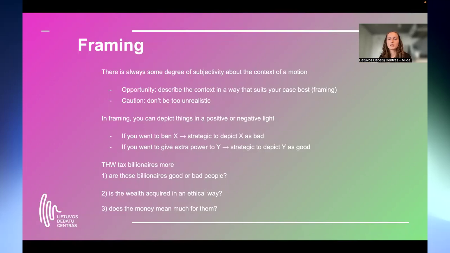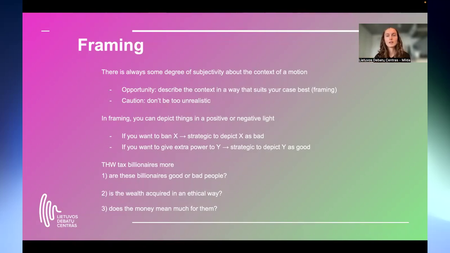So framing is basically doing that to our advantage, right? We would describe the context of a debate in a way that suits your case, in a way that strengthens your arguments. Of course, we cannot be too unrealistic. We have to be nuanced. We have to be charitable to the other team, but we should frame the debate and describe the people existing in the debate in a way that's favorable to us.